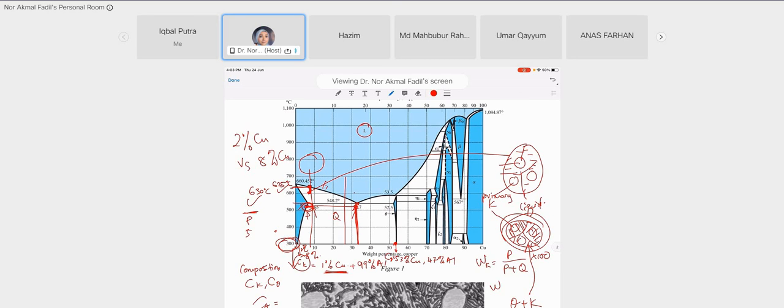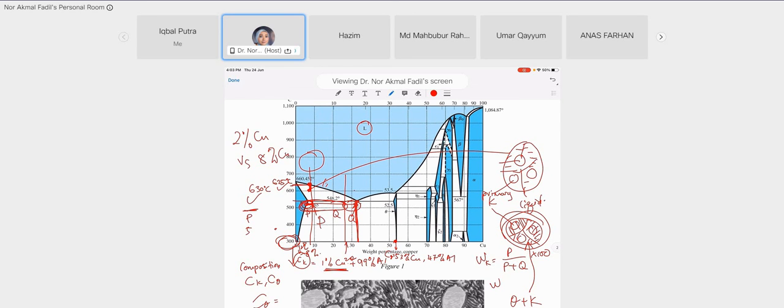But for 25%, the P value is here. This is P for 25% and this is Q for 25%. So you will get more P if you have 25% copper in the alloy, meaning you can have more lamellar structure.